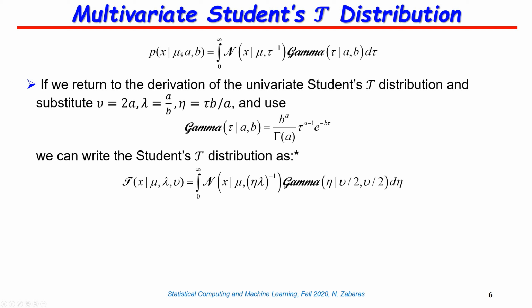The only thing that I have done to the equation on the top is, instead of a, I use nu over 2, and I have defined the ratio a over b to be lambda, and I have defined tau to be eta times a over b. All right, so tau is eta times lambda. If you substitute those things in the equation on the top, you get a new parameterization for the univariate Student t distribution, where you have eta times lambda here. A becomes nu over 2, and b also becomes nu over 2.